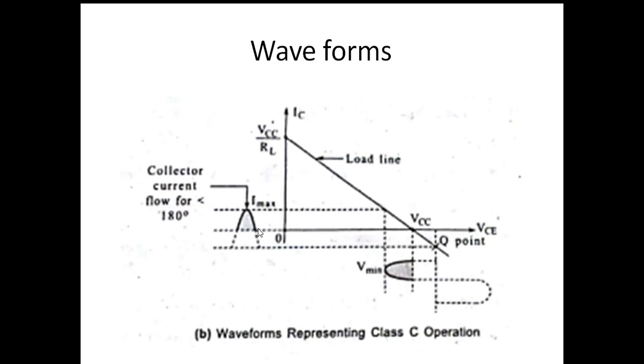Whereas in class A, it amplifies 360 degrees, the whole signal, but the efficiency is around 25%. It is very less. Coming to class C, it amplifies less than 180 degrees of the signal, that is less than half cycle, but the efficiency is greatly increased. It may be up to 100% efficiency.